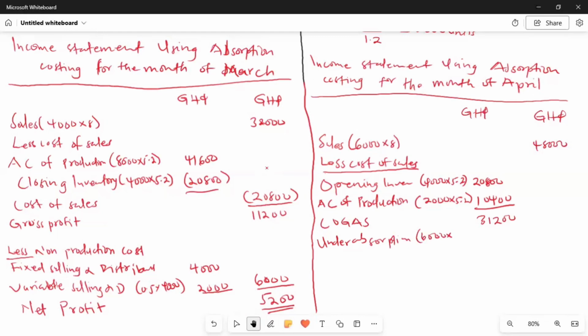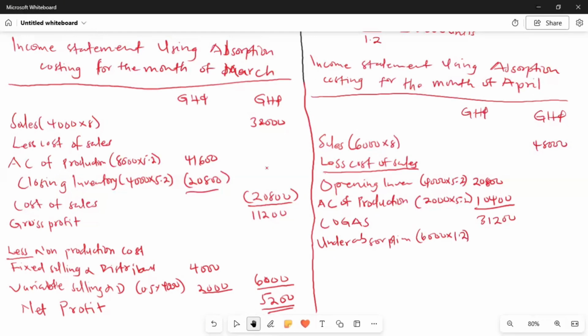So we multiply this 6,000 by the fixed cost per unit. So it's the fixed cost that has been under absorbed. So we multiply the 6,000 units by the fixed cost per unit. The fixed cost per unit is what? 1.2.